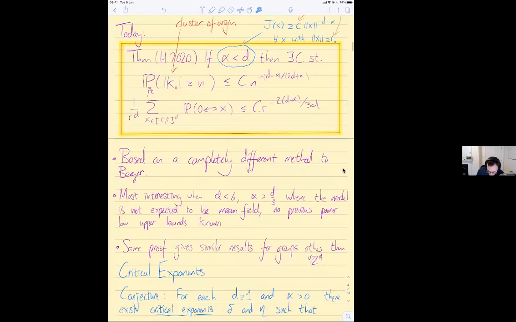Now, this theorem is really most interesting when the dimension D is smaller than 6 and alpha is bigger than D over 3. And the reason why is that in the other case, when either the dimension is large or alpha is smaller than D over 3, we expect mean field critical behavior to hold.